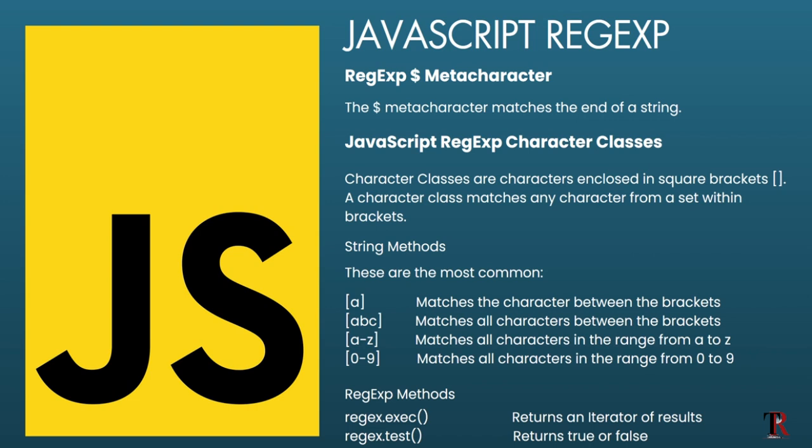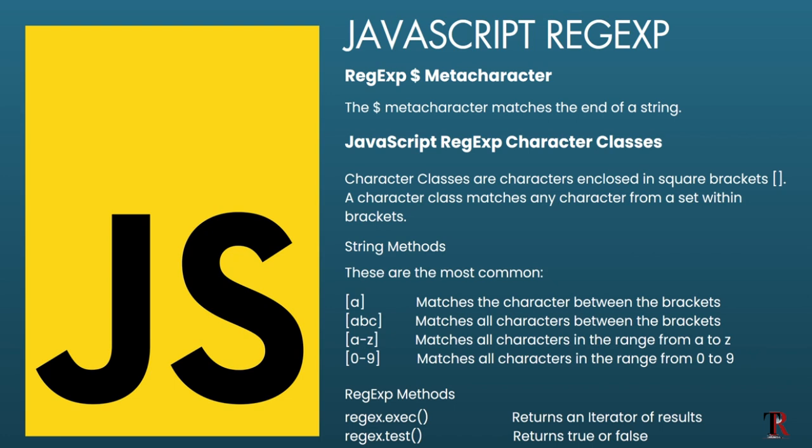Some examples are a in a bracket, abc in a bracket, a to z in a bracket, 0 to 9 in a bracket. The first one, a in a bracket, matches the character between the brackets. The second one, abc, matches all of them.